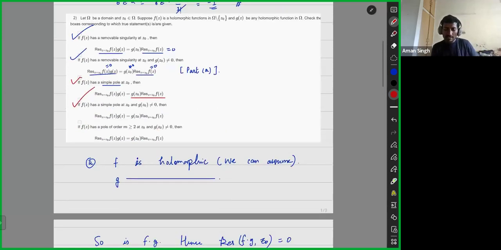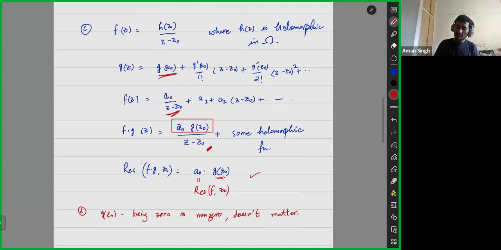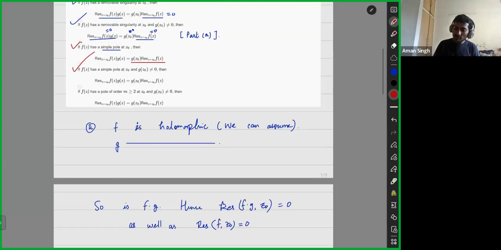Right, the last option. If f has a pole of order bigger than 2 at z naught and g(z naught) is non-zero, then the residue of f into g at z naught is equal to, again, the same expression they are talking about. So what change do we require? f has a pole of order m.